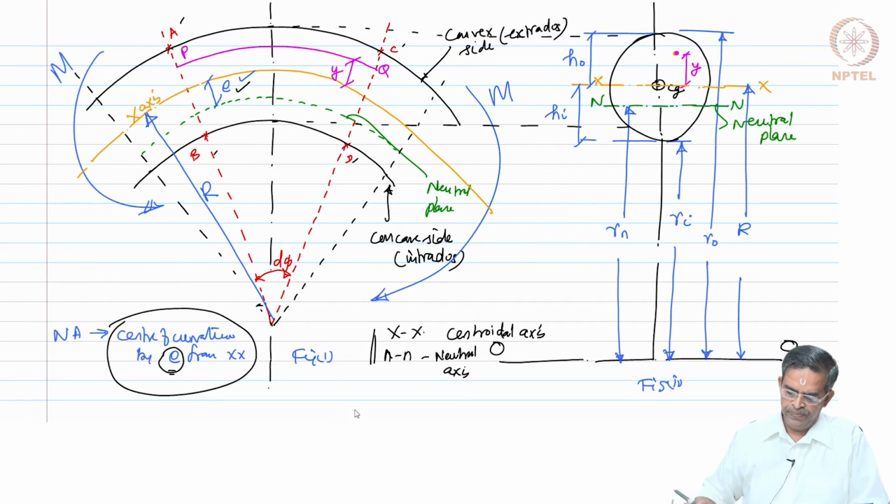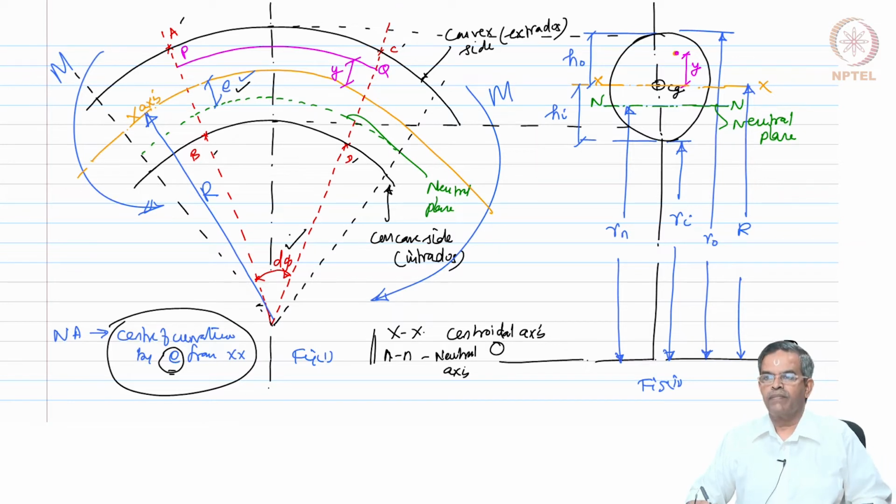Please see this figure. The member or the segment ABCD is making an angle d phi. Okay.